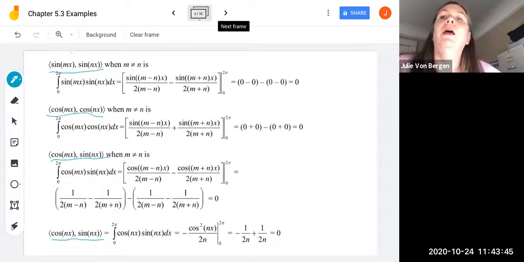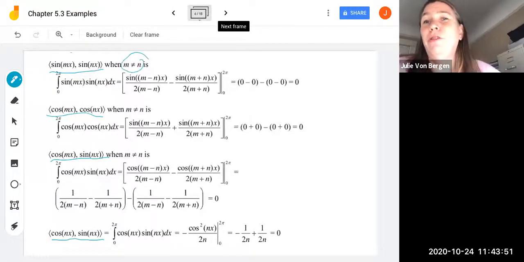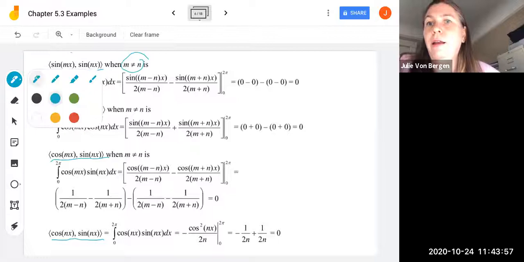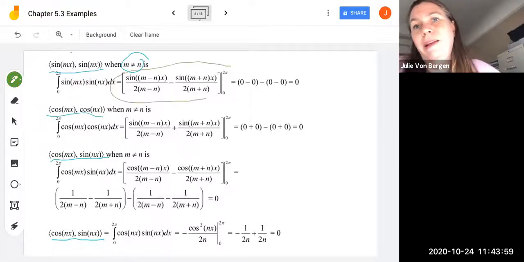Okay, so sine inner producted with itself when m is not n. So these are 2 different sine vectors in this set. From our formulas, we know that this is going to be sine of (m minus n)x over 2(m minus n), minus sine of (m plus n)x over 2(m plus n).